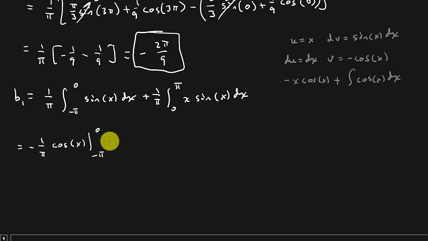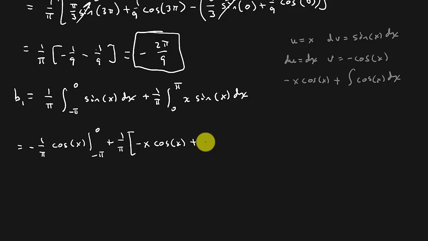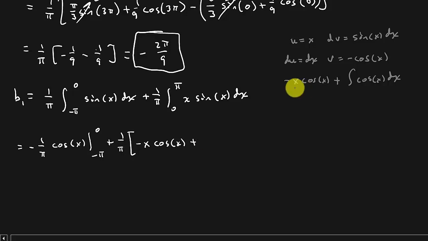So this is going to be plus 1 over pi times -x cosine x plus, what am I doing? You dummy. All right. So we've got the -x cosine x plus, now we got to integrate that.